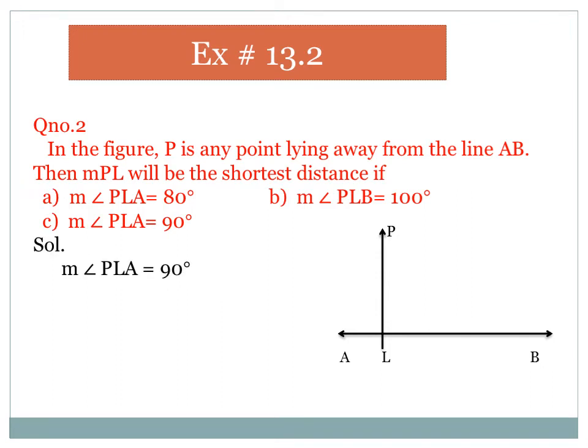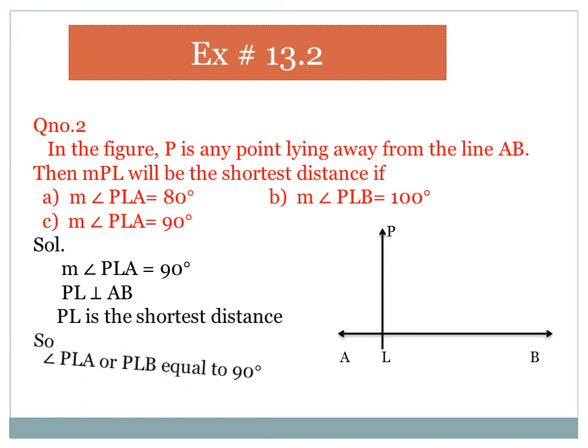So we can write it as angle PLA equals 90 degrees because PL is the shortest distance and PL is perpendicular to AB, because the line PL intersects AB at a right angle. That's why we can say that PL is perpendicular to AB and PL is the shortest distance. So angle PLA or angle PLB is equal to 90 degrees.